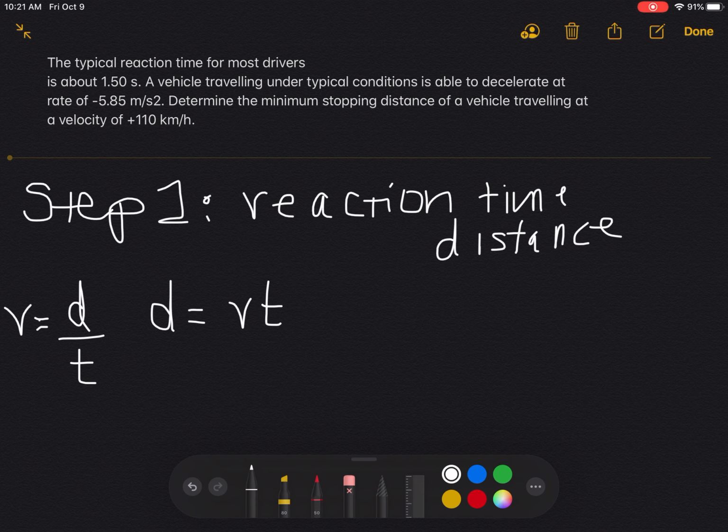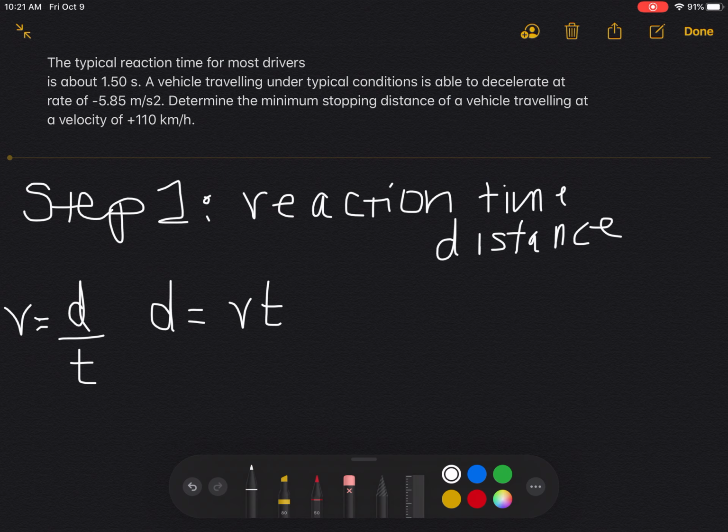All right, so if we read through our question, it does tell us right in the very first sentence that our reaction time is 1.5 seconds. And so we have that piece. We just need to know what our velocity is when we are driving. If we read through the question at the very end, it says that the vehicle was traveling at a velocity of 110 kilometers an hour.